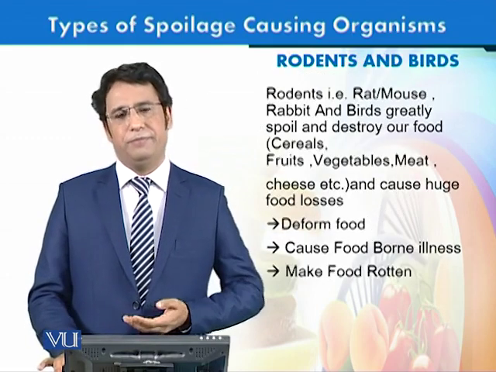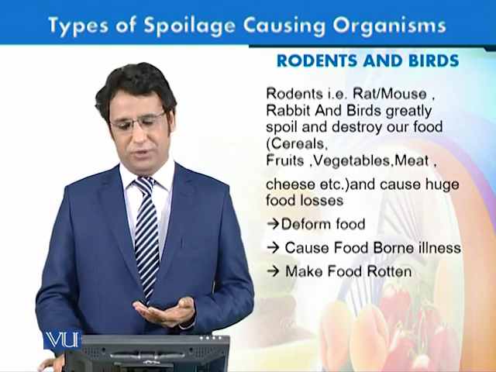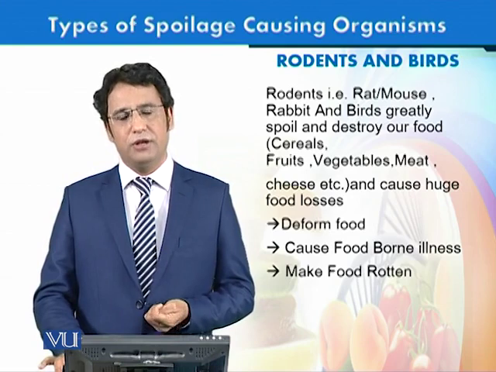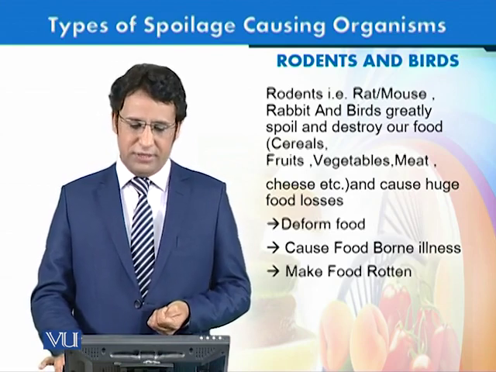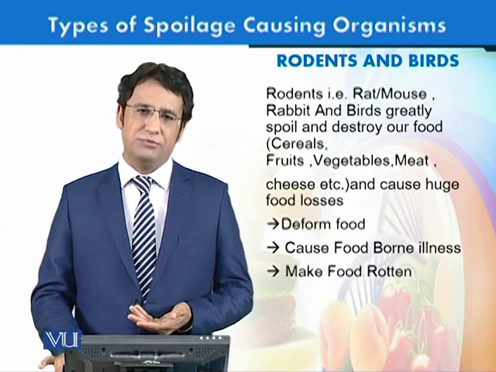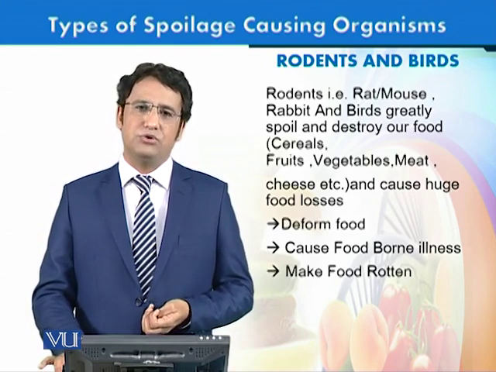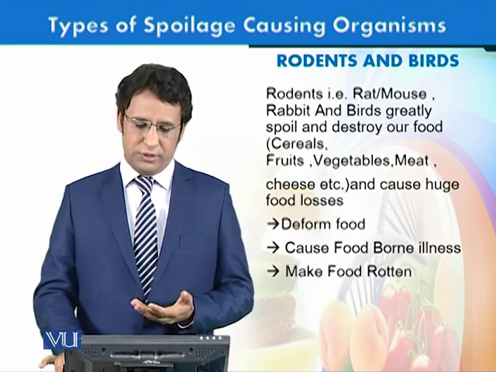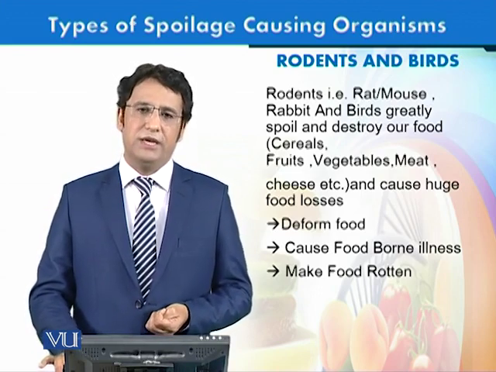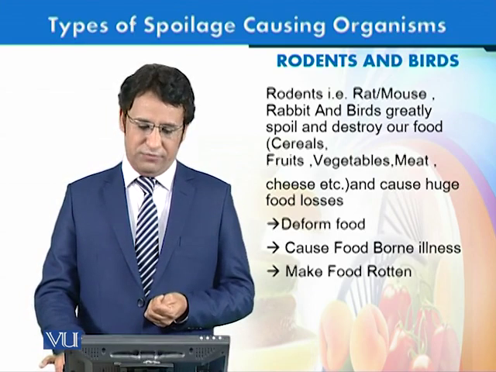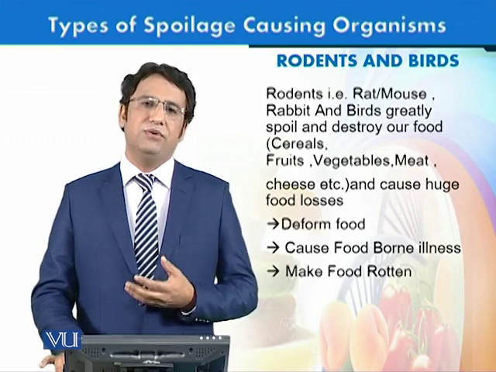Rodents are another class, which could be rats and mice or rabbits. They greatly spoil and destroy food, for example, fruits, vegetables, cereals, meat, and cheese products, and they have to be controlled to avoid the spoilage of food or the consumption of food from these groups. Unlike other microorganisms, they can make deformity in the food.